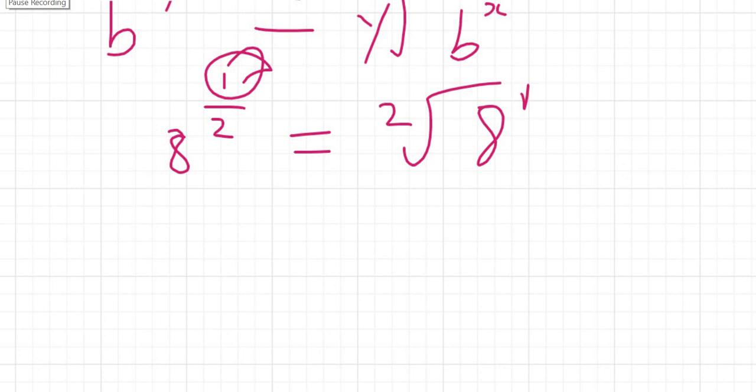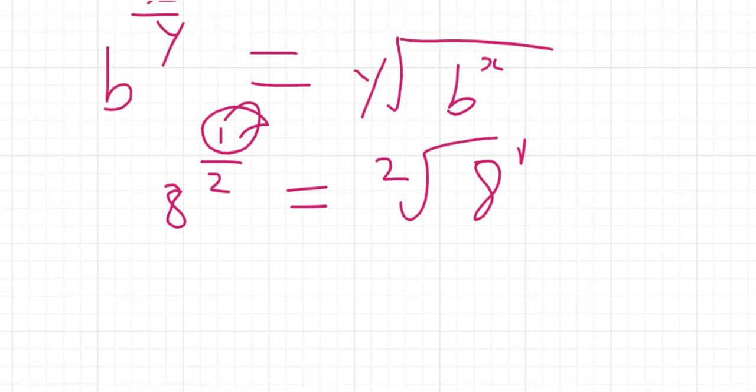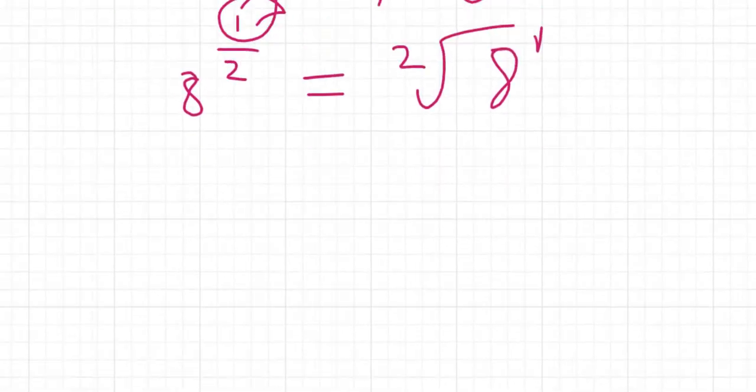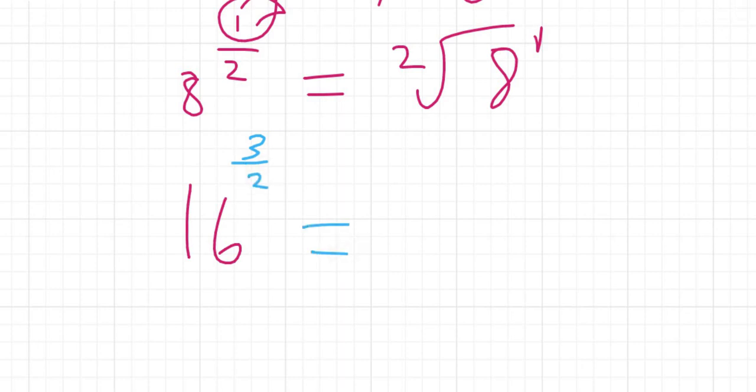All right, so let me think. So we have 16 raised to, let's say, 3 over 2. Now what we will do with a square root, we have 16 raised to 3.